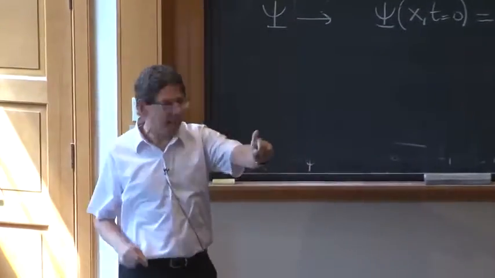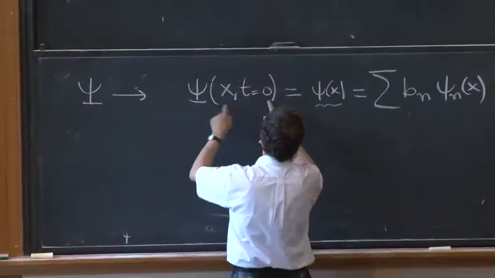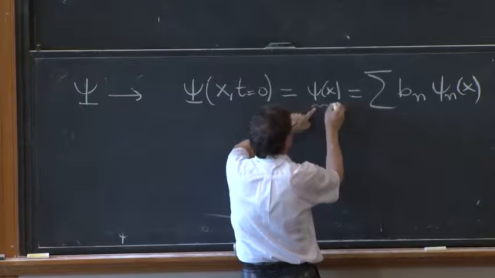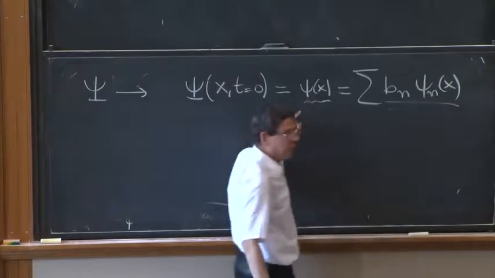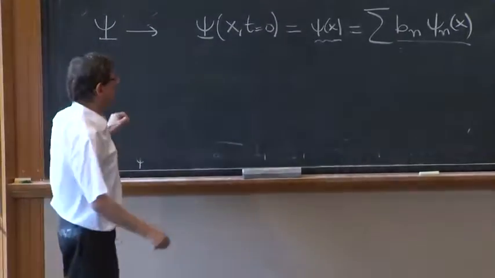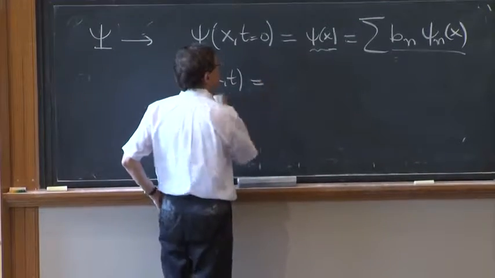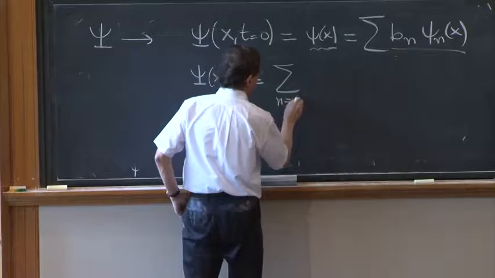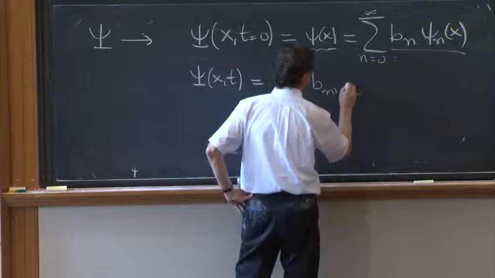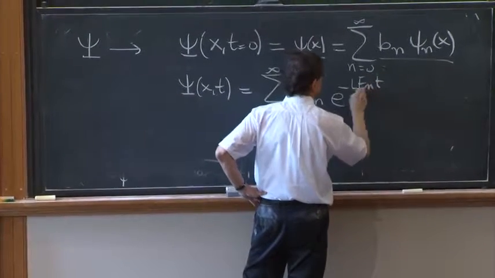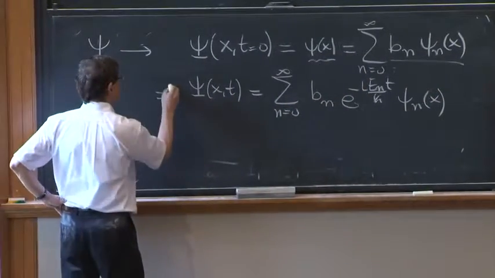Well, if you can calculate these coefficients, that is, you have the wave function at time equals 0 known, and it's written in this form, you've solved the problem of time evolution, because then psi of x at any time is just simply obtained by evolving each component, which is Bn e to the minus i E n t over h bar psi n of x. So this is the important result.